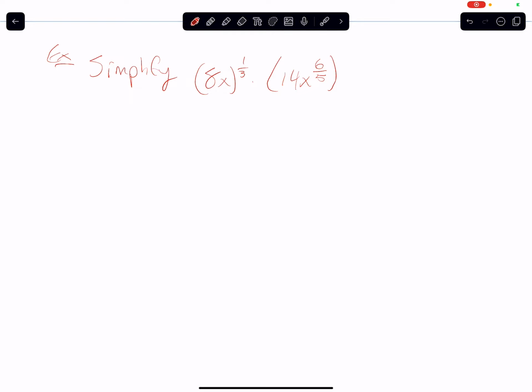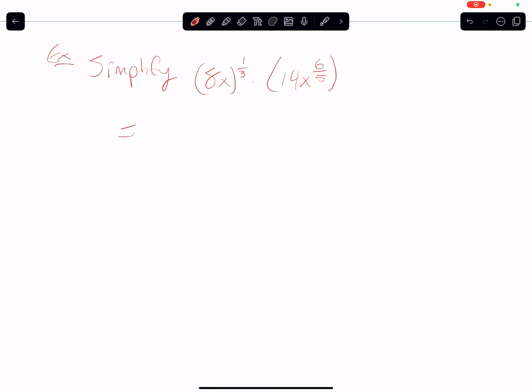Well, what do the properties of exponents tell us? When we have factors of something, we are allowed to do what? If you have the same base raised to a power times the same base raised to a power, you can add those exponents. Well, first we need to simplify 8x raised to the 1/3 power.